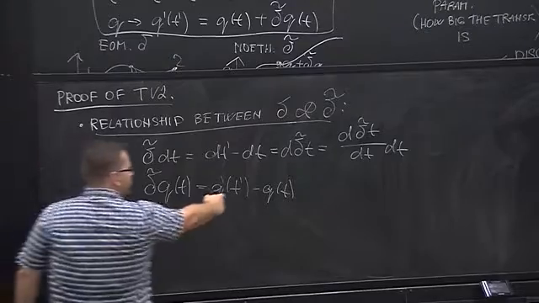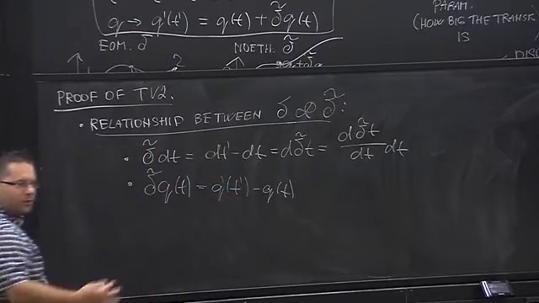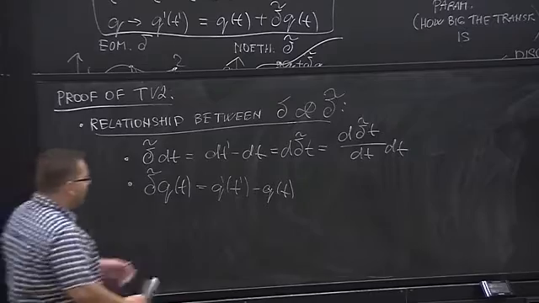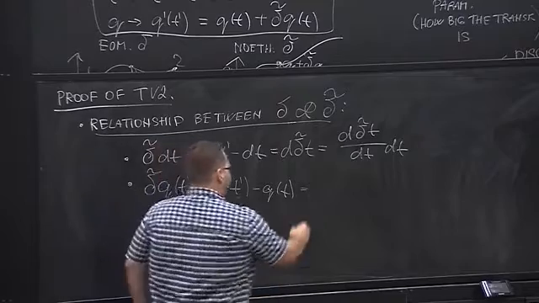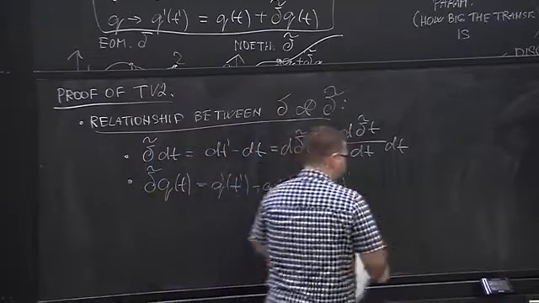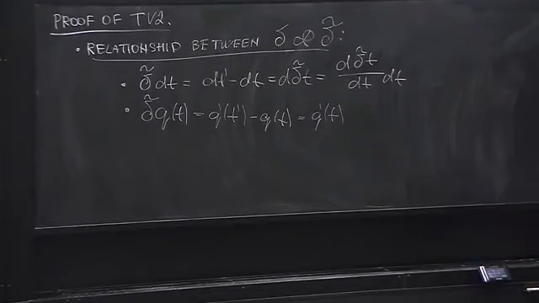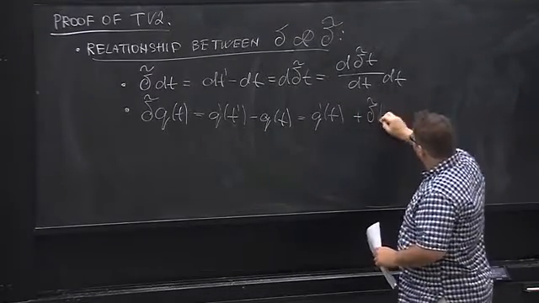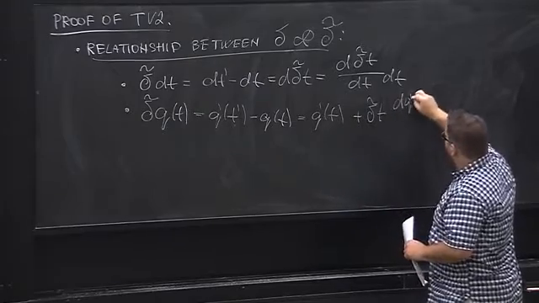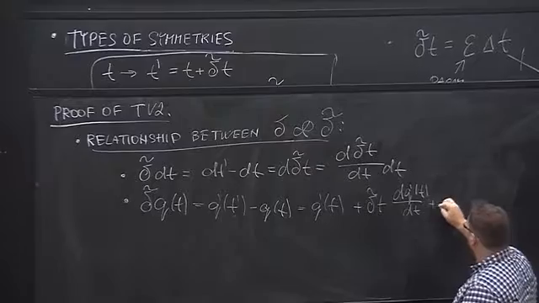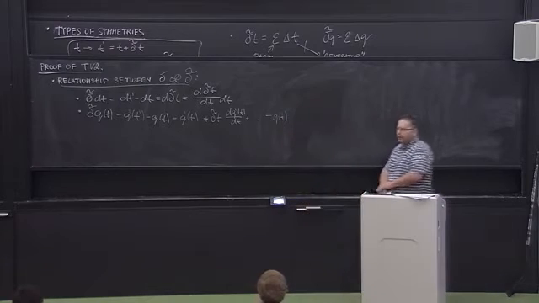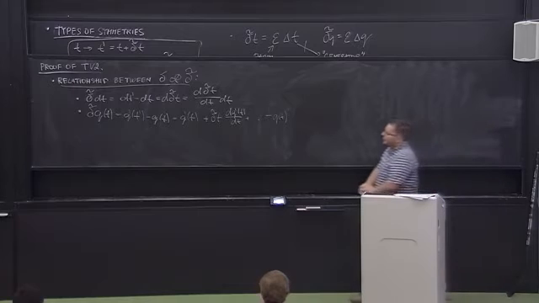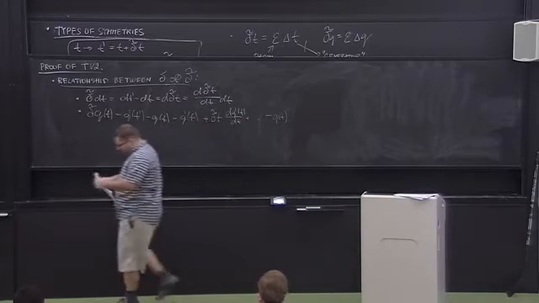So I need to relate this t prime to my t, and I do it by Taylor expansion. I consider that t prime is basically t plus delta t. So this is q prime at t plus delta tilde t dq prime at t dt plus higher order terms in the Taylor expansion, and then minus q of t, which I had before. This is just expanding t prime to evaluate in t.